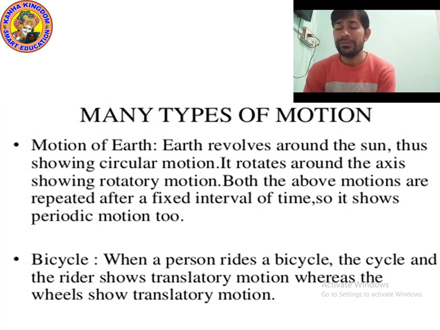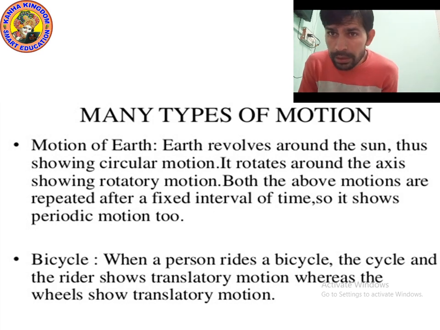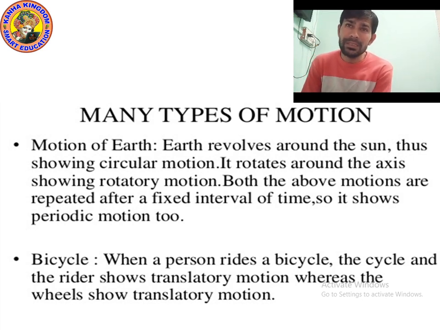And when the earth rotates on its axis, it shows rotatory motion. Both motions are repeated after a fixed interval. The earth shows both revolution and rotation, and after 365 days it again completes the round, and after 24 hours on its own axis it again completes one round.